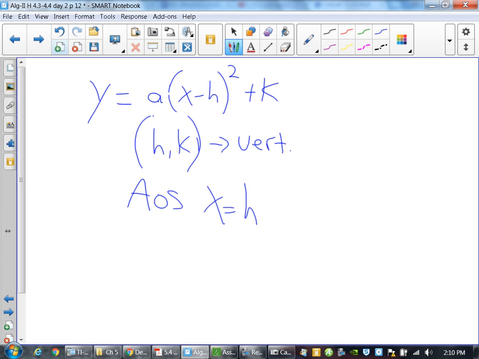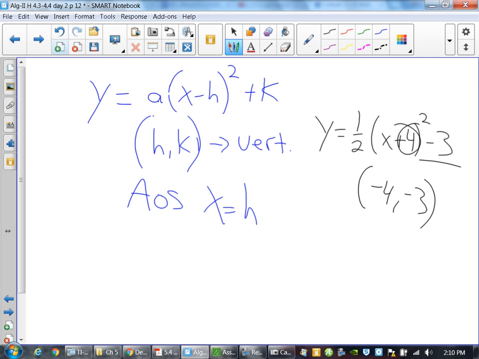Now be careful. When this is written out, y equals 1/2 (x plus 4) quantity squared minus 3. Where's your vertex? -4, -3. Good. Because it's always the opposite of h, same as k. So it'd be at -4 and -3.